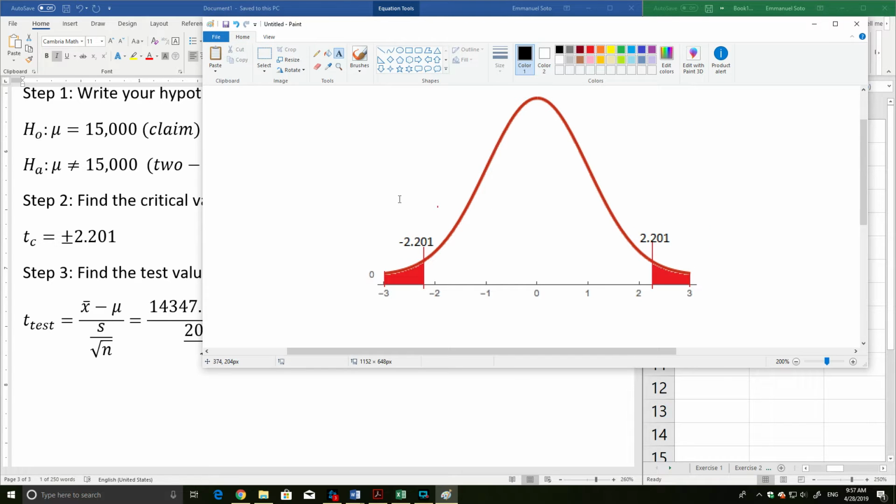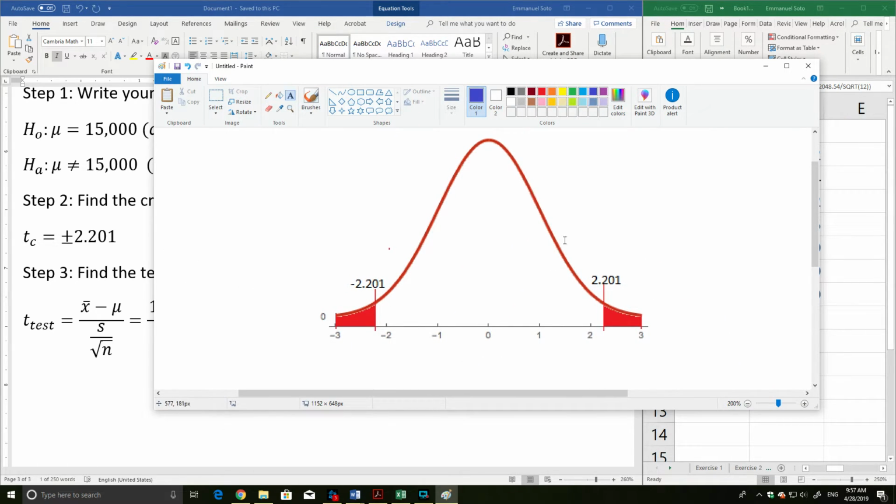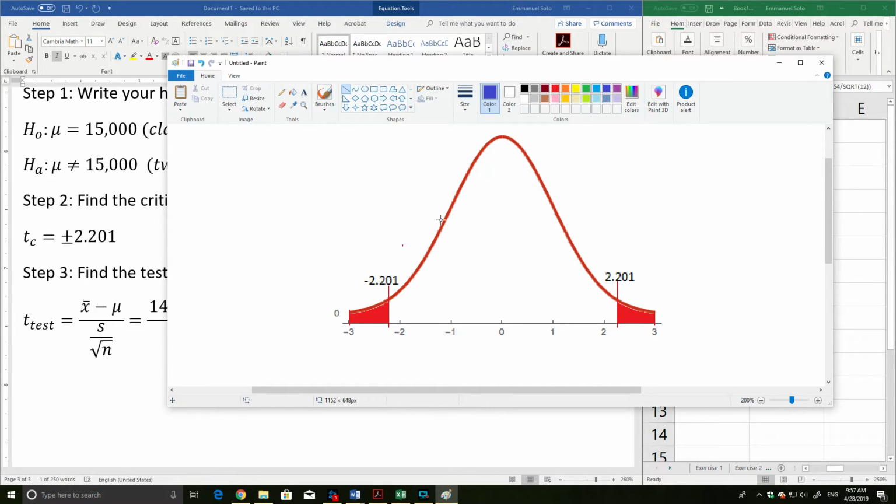Okay, so now we got our critical regions. Now we're going to label our t-test, which we said was negative 1.104. I'm going to do that in blue. It was negative, so we're going to go over here.